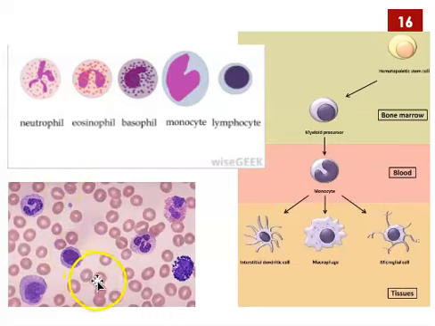And this is from a human. You can see these smaller circular structures. These are red blood cells. And the larger structures that have picked up a darker stain, these are different types of white blood cells. This is a great smear because it has several different types of white blood cells visible.